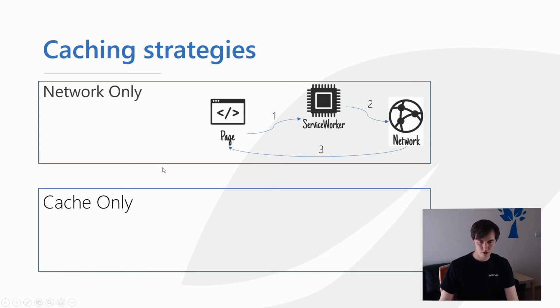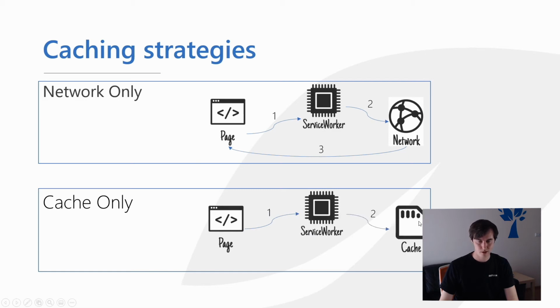The cache-only strategy is quite similar to this one, just with one slight difference: when the page launches the request to the service worker, it doesn't go to the server. It doesn't run the request to the actual server. It just takes a look in the cache, and if the file is there, it returns it. So this way, you can see that you are running offline.